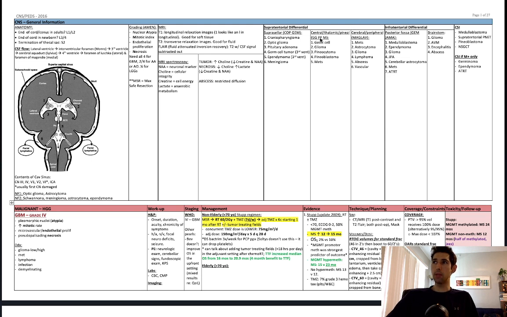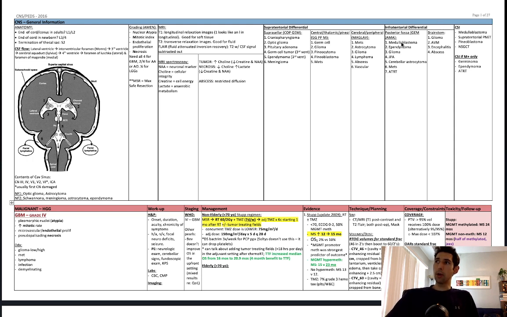Remember GGPPM: germ cell, glioma, pineocytoma, pineoblastoma, and METS. For cerebral and peripheral, MOGLOV: METS, astrocytoma, glioma, lymphoma, abscess, vascular. So again, suprasellar COP-GEM, central GGPPM, cerebral and peripheral is MOGLOV.